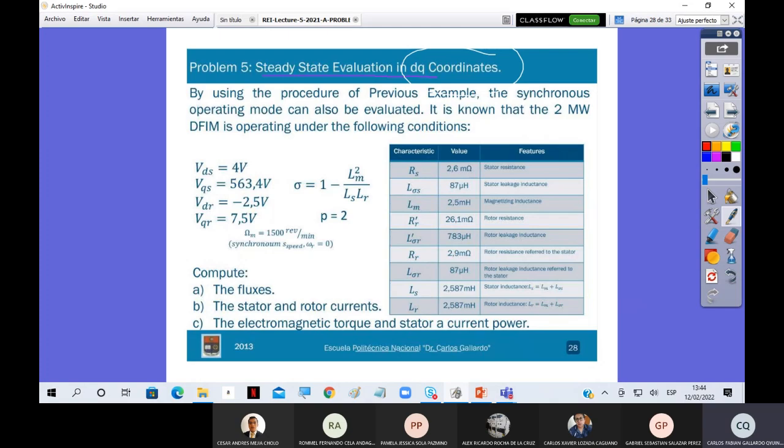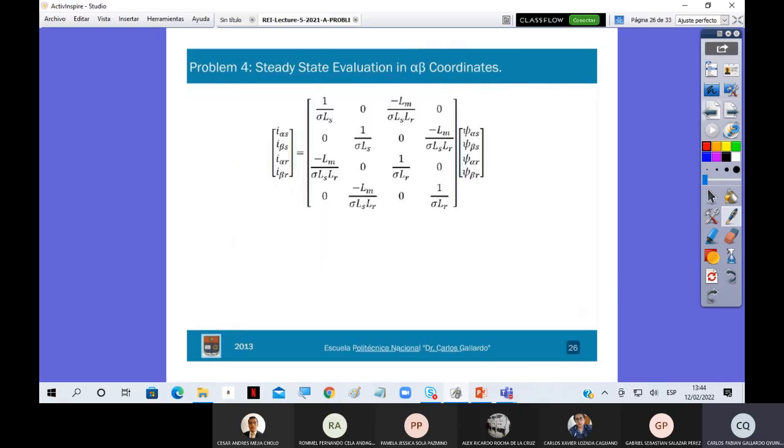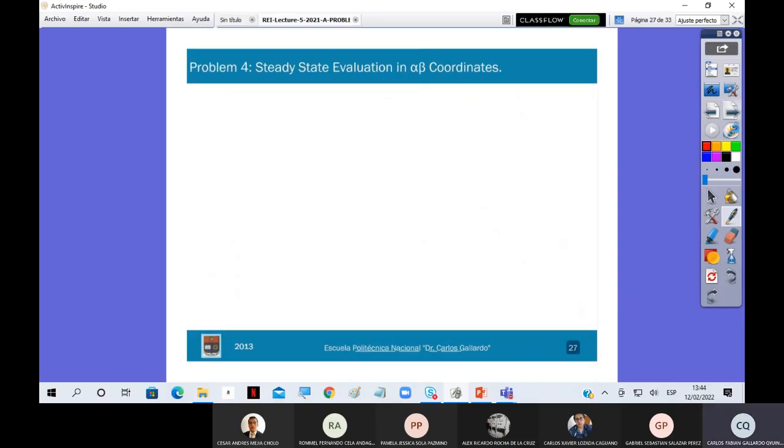So I am analyzing the steady state. It means this is a dynamical model. The DQ, alpha-beta, and the three-phase reference frames: the DQ is the rotor reference frame, and this DQ is the synchronous reference frame.